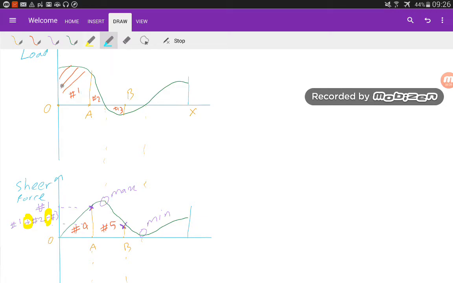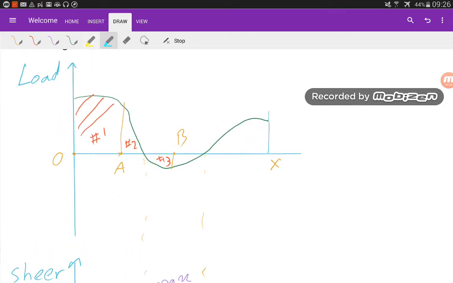if you go back to your load curve, you have area 1 positive, area 2 positive, but area 3 is below the 0 line, so it's negative. To calculate shear force at point B, you have to calculate area number 1, area number 2, and add these 2 together and minus area number 3, because area number 3 is negative.